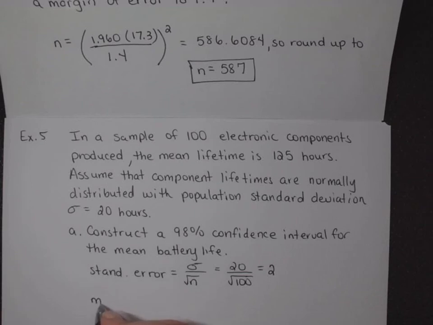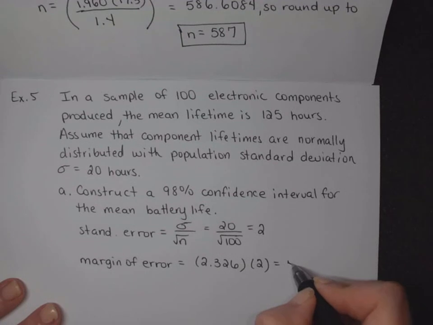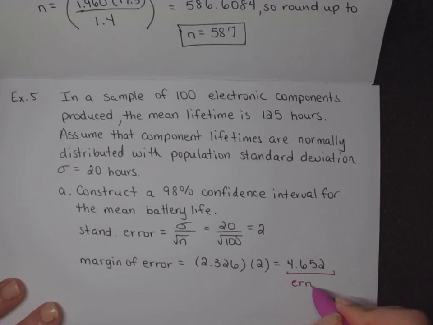Okay, so the margin of error, remember, is the critical value we get from the chart, which is 2.326, times the standard error of 2, which is 4.652. Okay, so this is our error.